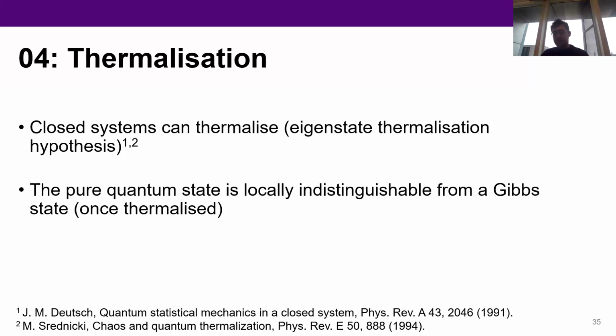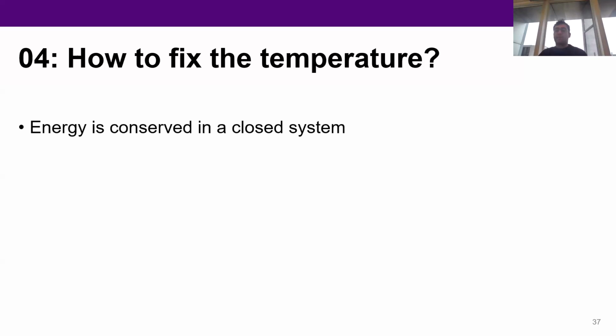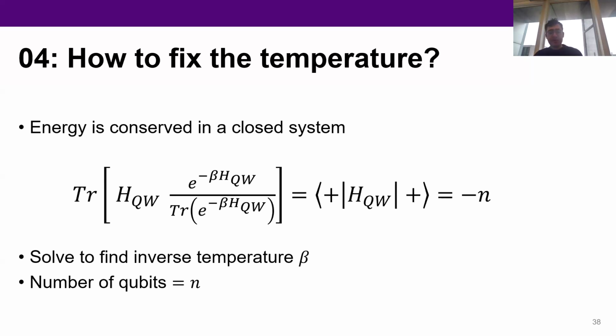So if we have a Gibbs state, we need to fix the temperature somehow. And to do that, we use the fact that energy is conserved in a closed system. So all we need to do is solve this equation here to find the inverse temperature beta, where n is the number of qubits.